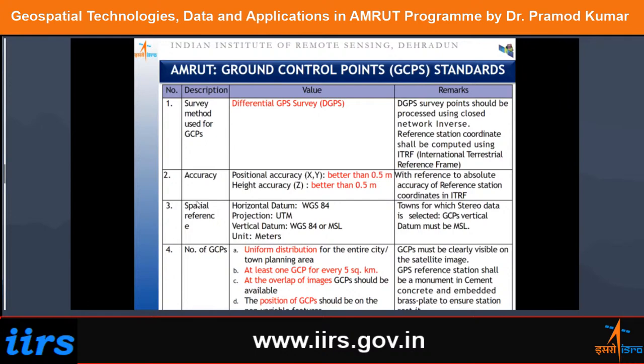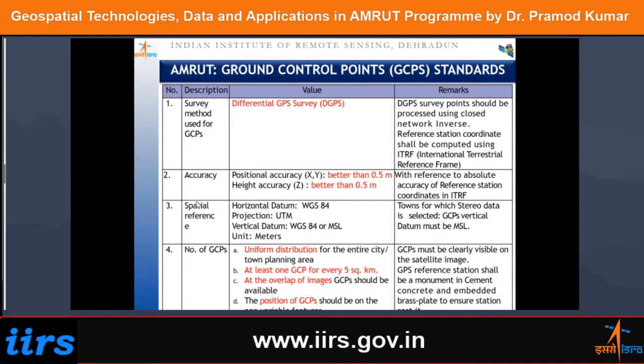And then after three-dimensional correction of the satellite image, the ortho-rectified images are generated. So there the DEM, I'm using a new term called digital elevation model, this kind of DEM is generated for ortho-rectification of the satellite images.